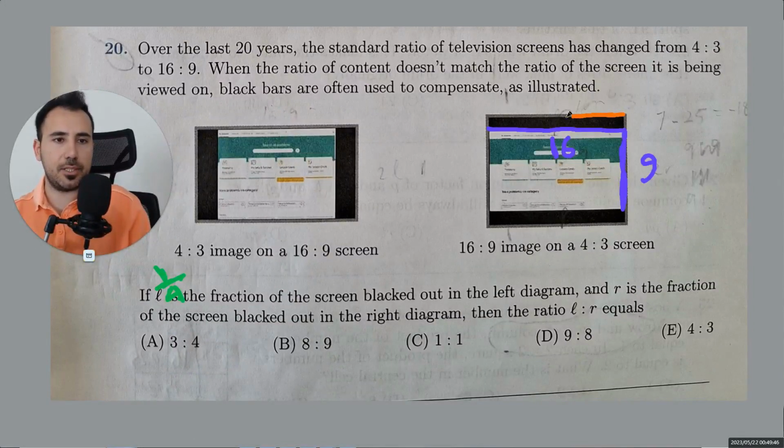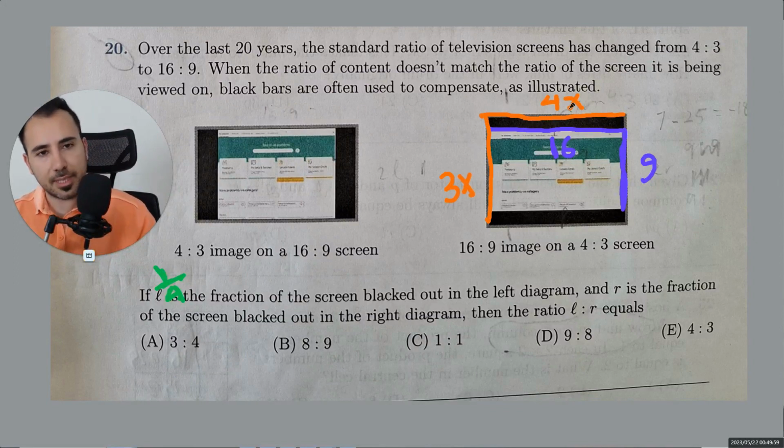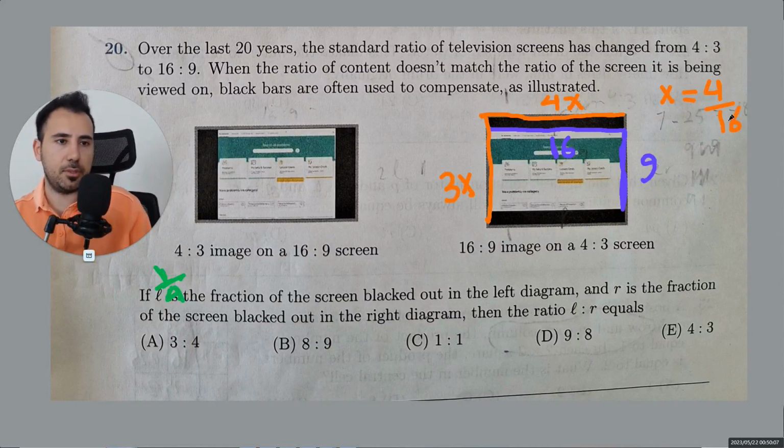But again, it's a different kind of unit. So I'm going to call it 4x. Now this time, this is 3x. So if 16 is 4x... I'm sorry, if 4x is 16, x is 4. So 4x is 16, x is 4.